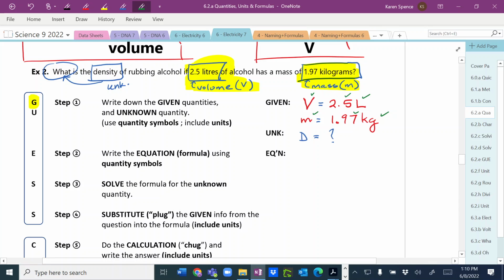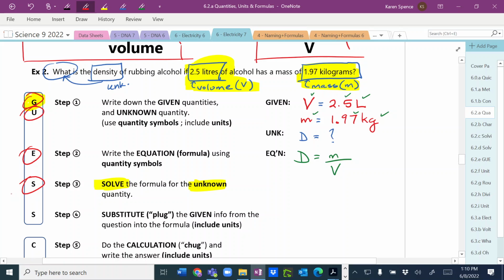So our density is we don't know what. What is the equation that we will use here? D equals M over V. Huzzah. We want to now solve for the unknown quantities. So we had our given, we had our unknown, we wrote the equation, and now we're going to solve for the unknown. Oh, look, guess what?